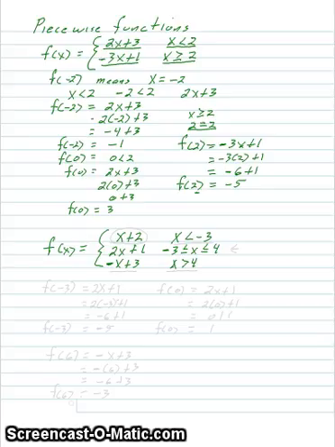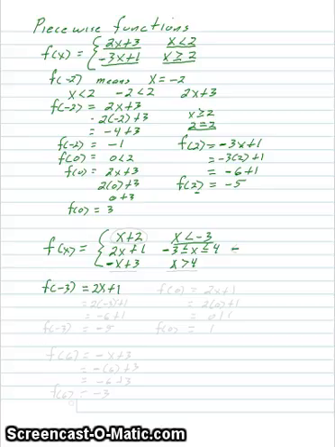So now we have 3 separate linear expressions here. And we're going to evaluate f of negative 3. I first started looking at this one here because it had a negative 3 in it. But I can't use that one because it says x is less than negative 3.